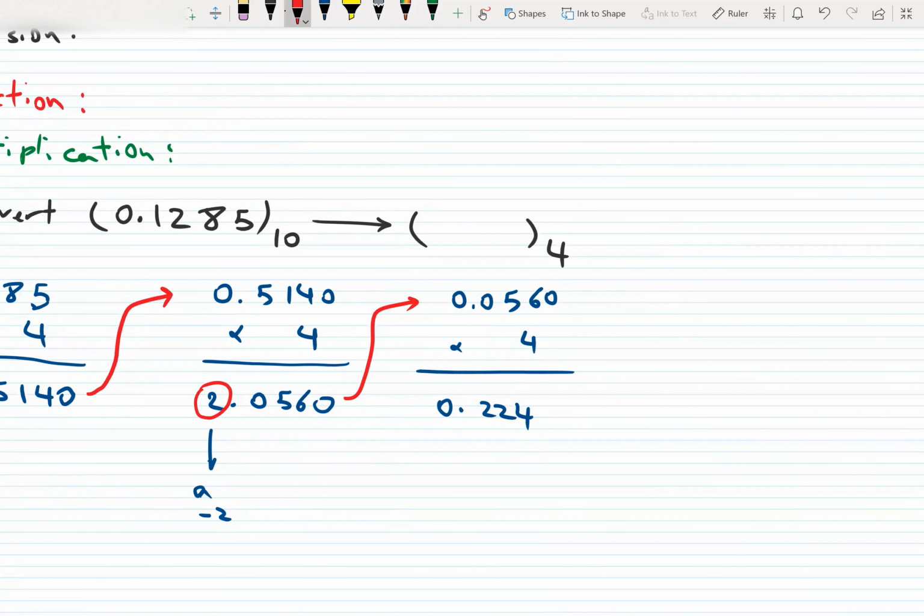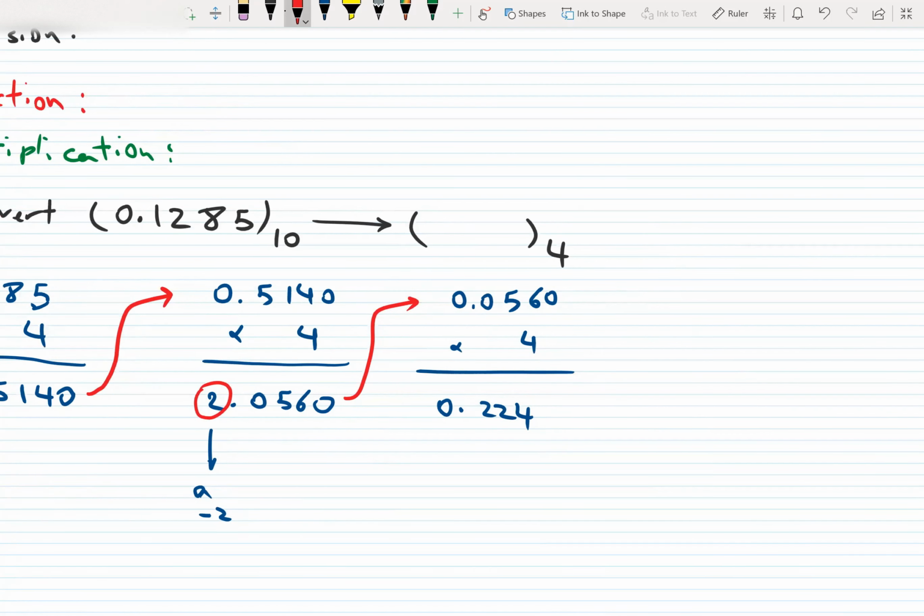Then we do two conversions: the integer part with the division method and the fraction part with the multiplication method, and then add the answers to find the final result.